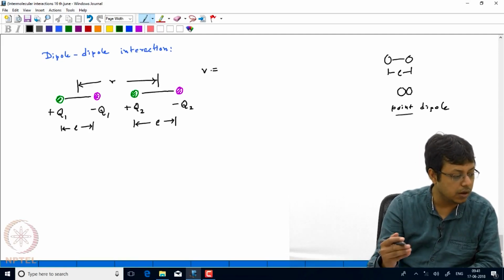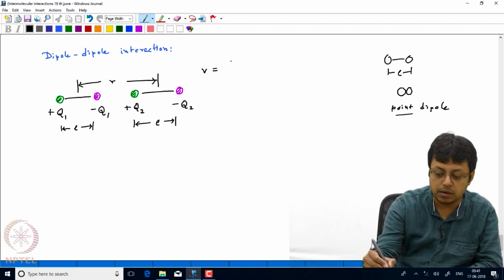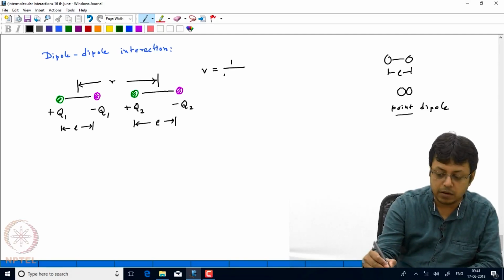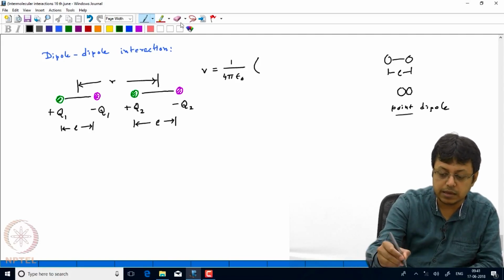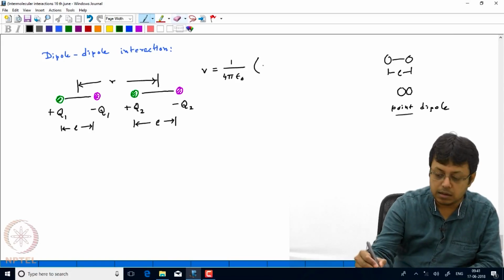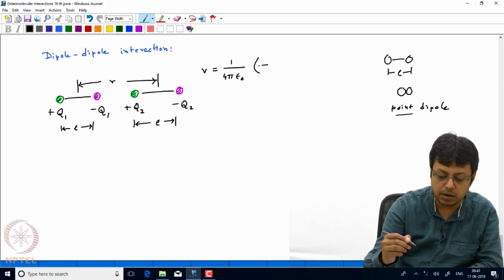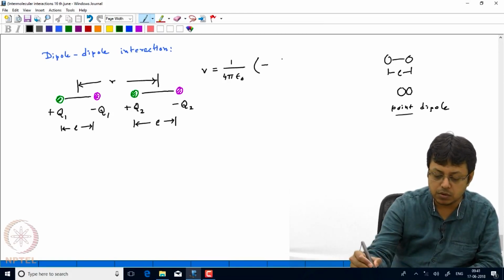So we can actually work out the maths one by one. Let us all follow. We will have 1 by 4 pi epsilon 0, and then the first thing will be, let's say I am talking about q1 and q2, the nearest neighbors.